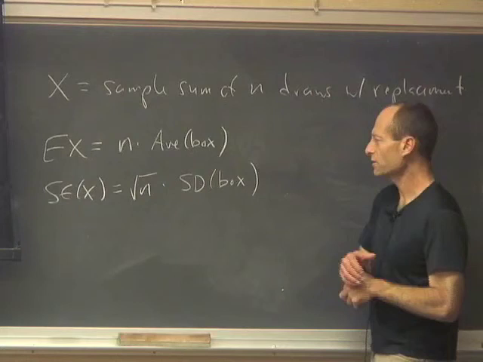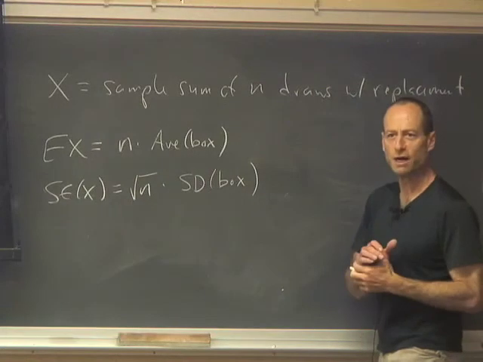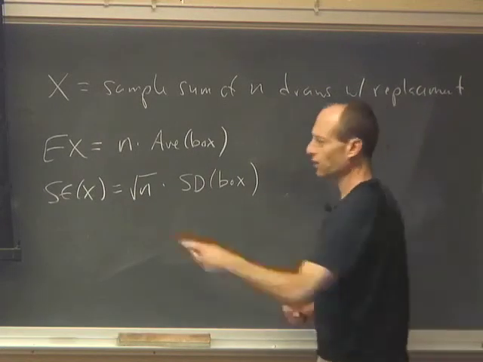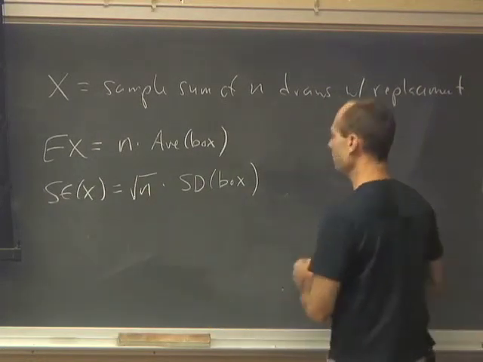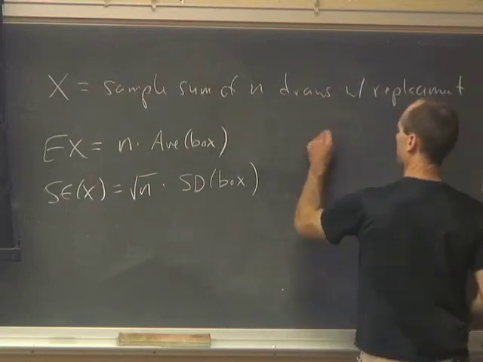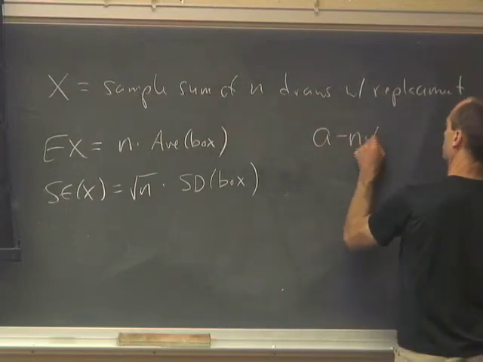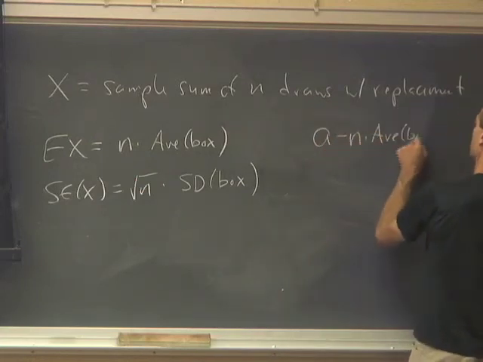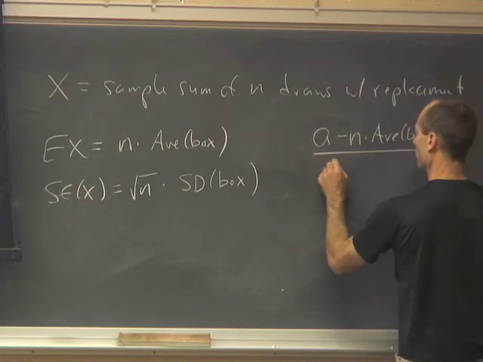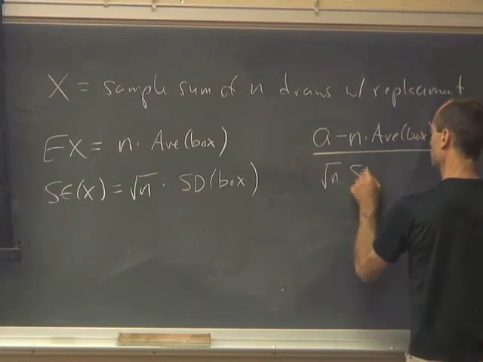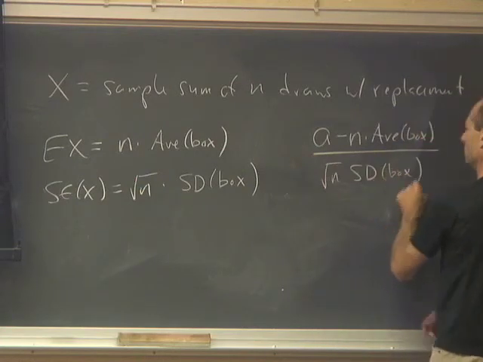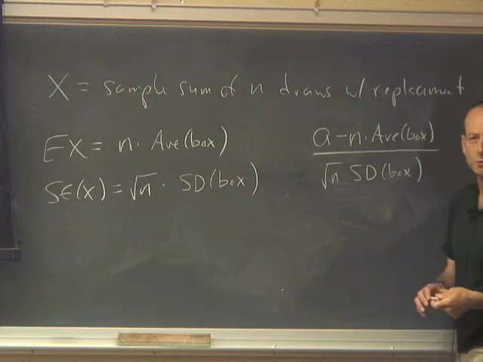Right, the standard error of x would be the root n times the standard deviation of the box. Yep. And so to convert A to standard units, we're looking at A minus n times the average of the box divided by the square root of n times the SD of the box. Right? And similarly for B.